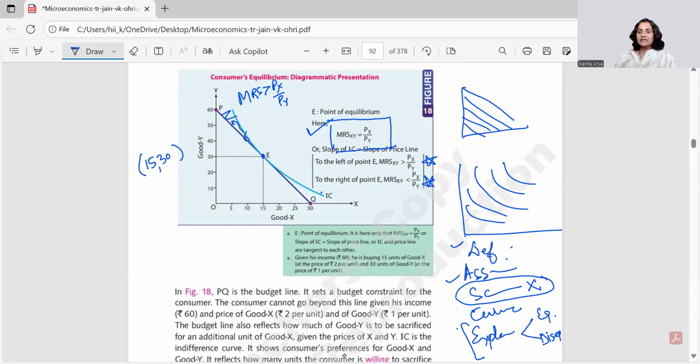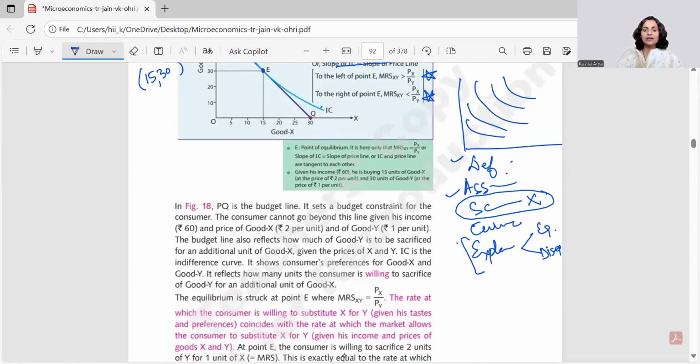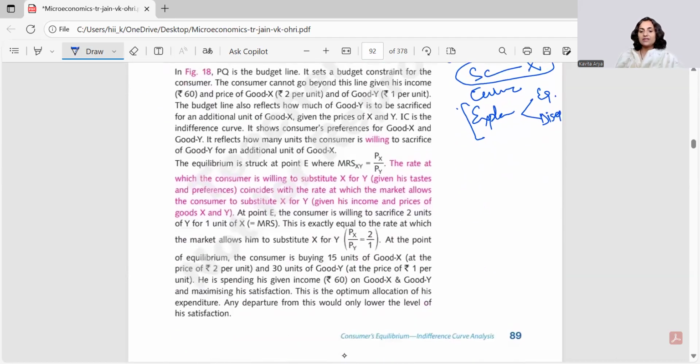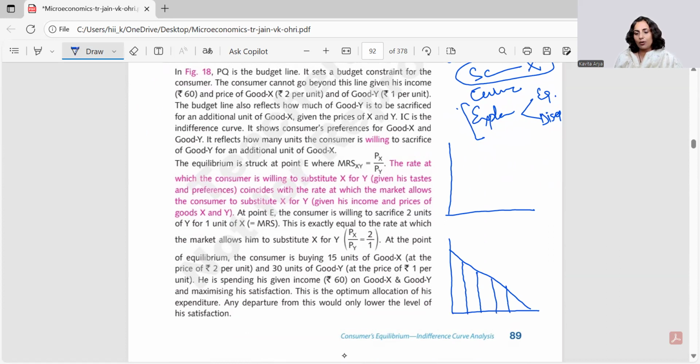Why is MRS greater than PX by PY? Now, again, this needs explanation. See, I'll try to draw IC and budget line. Budget line would show you that for every gain on X, there is a constant loss of Y. So see, this is a constant loss.